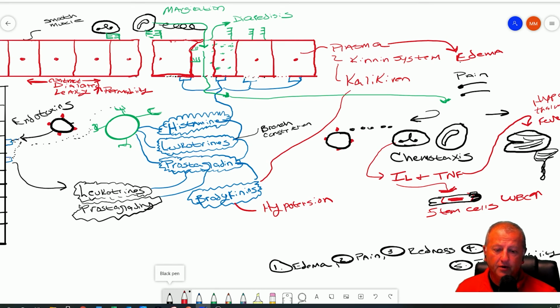We look down here, we explained edema, we explained pain. Redness is caused from the dilation and caused by the edema as well. Heat is caused by the edema as well. And so is joint immobility. So those are all signs of inflammation and the inflammatory response.